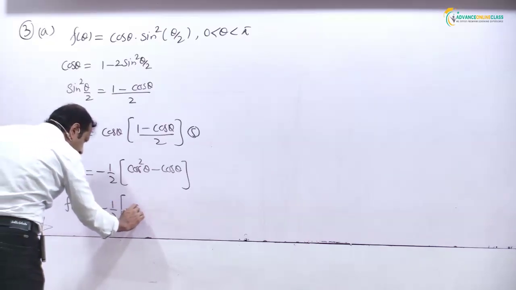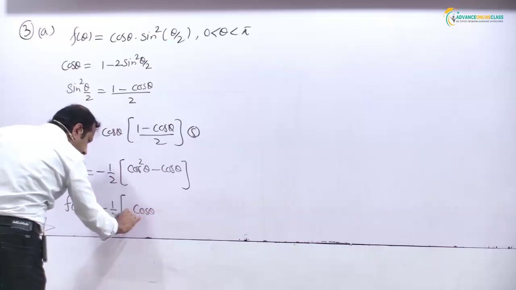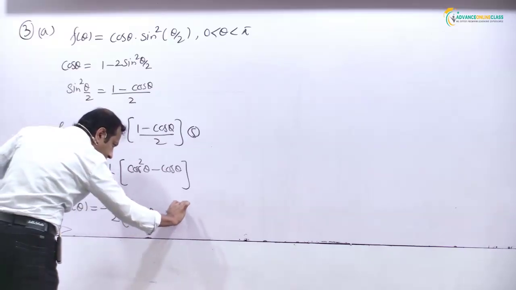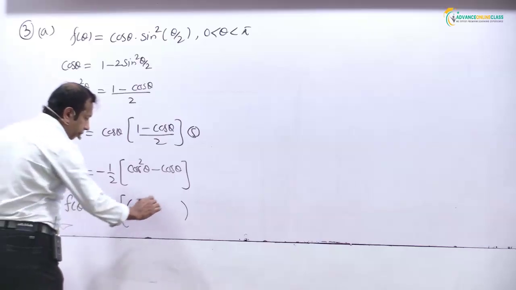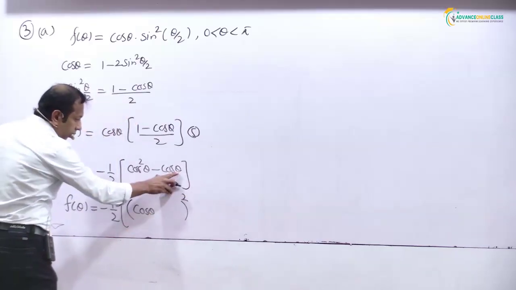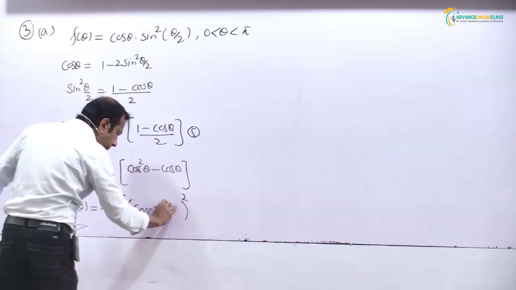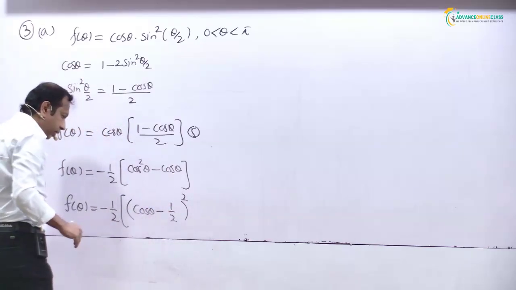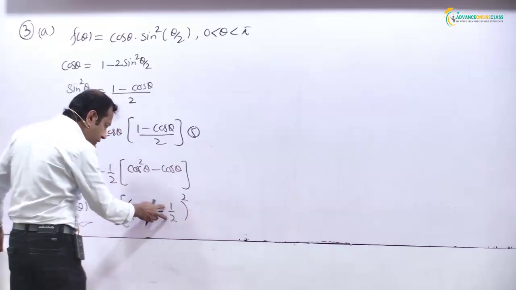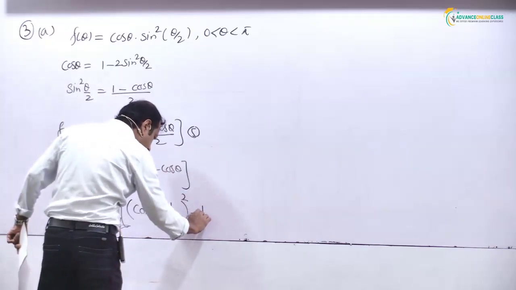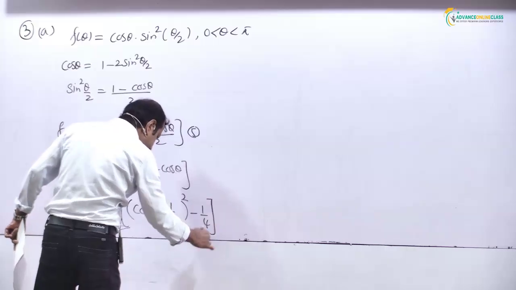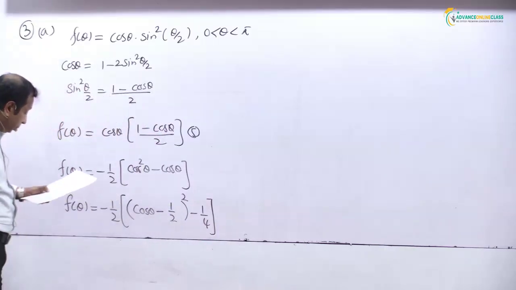Of the square term, we take without the square, and this term's coefficient should be divided by 2, minus half. Then always we subtract the perfect square of this second term. For this 5 marks.